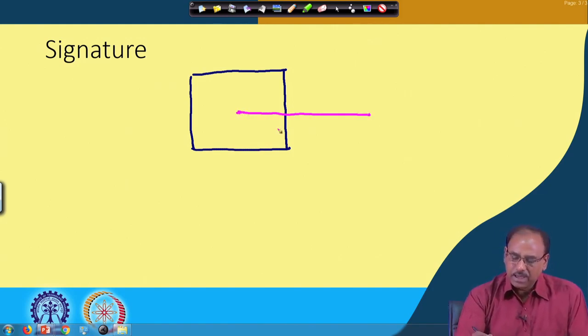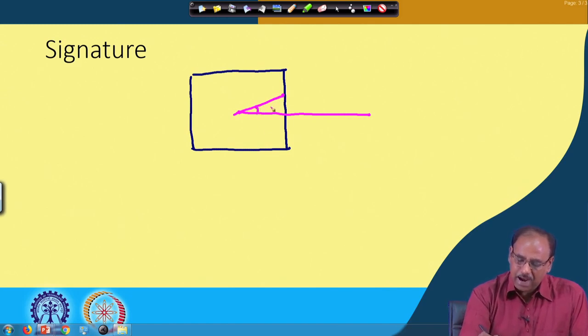What I do is I compute the distance of the boundary point from the centroid which is oriented at an angle theta from the reference line, and suppose this distance I call as d theta.